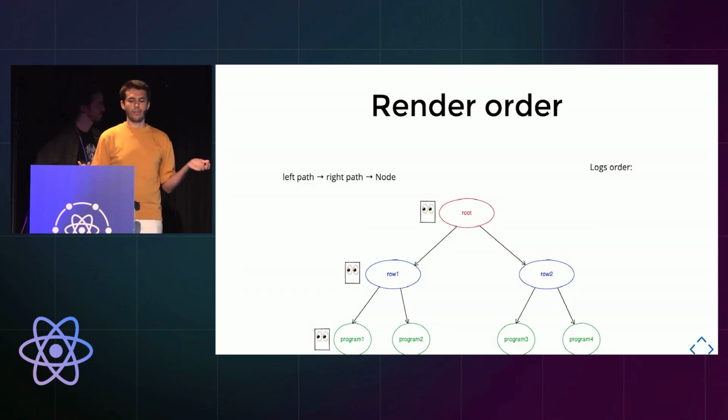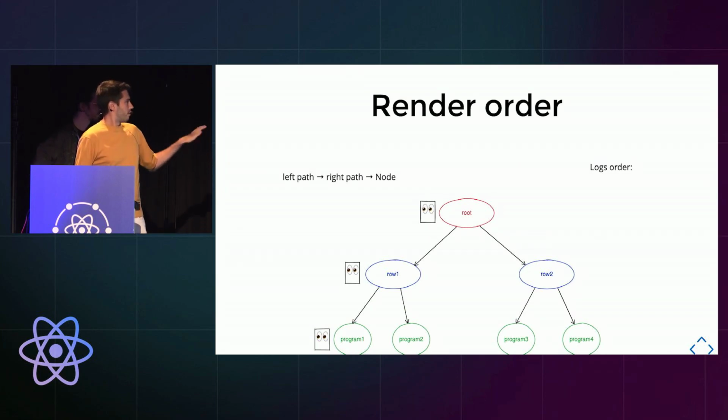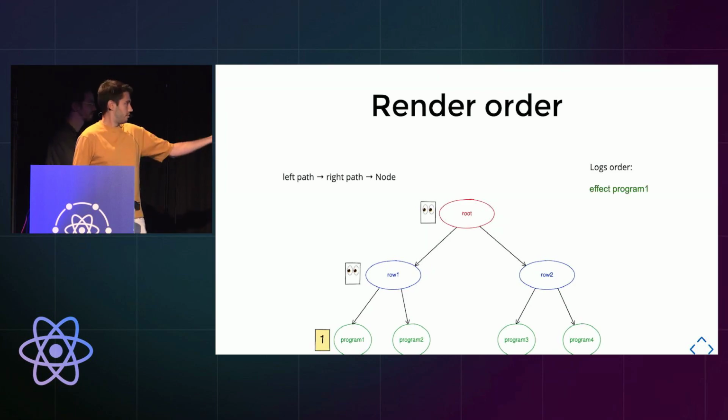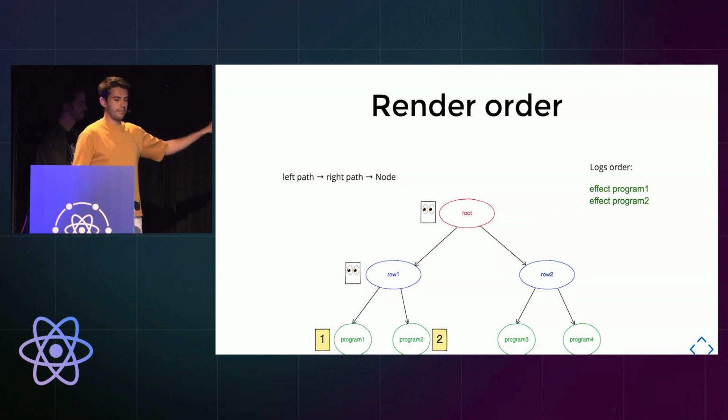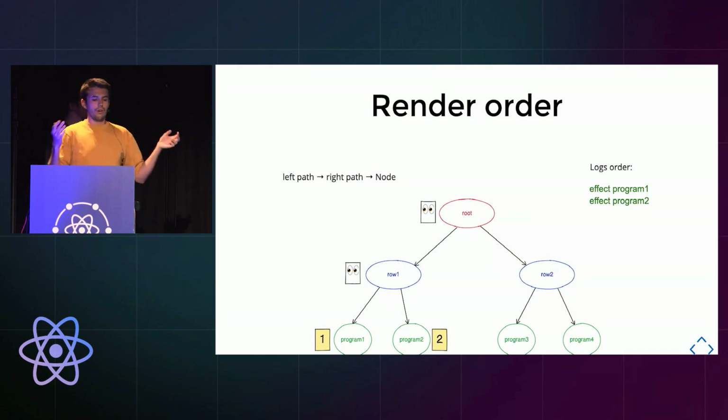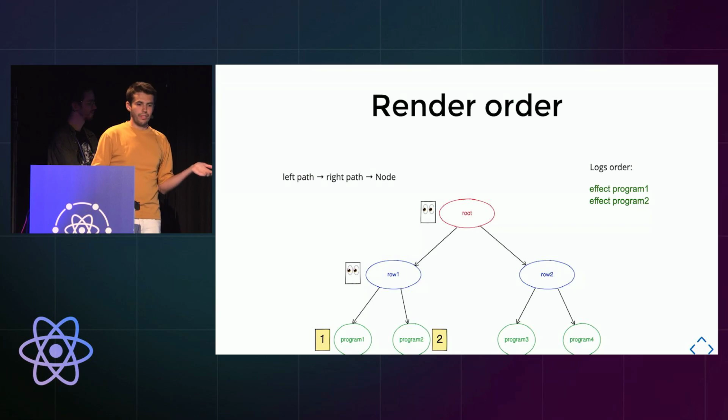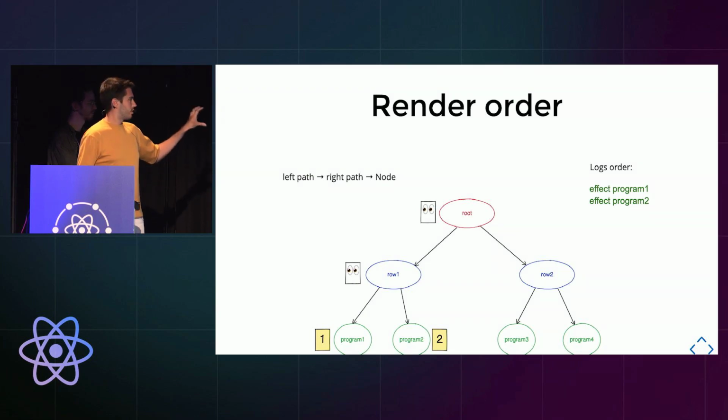And now that program 1 doesn't have any more children, there's no left or right path, so it can execute program 1's code, which will log effect program 1. It comes back to row 1, goes to the right path, so it looks at program 2, then it can log program 2. And then for row 1, all of the children of row 1 have been dealt with, so now it can execute the code for row 1 and log row 1.